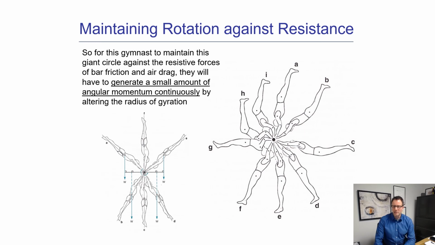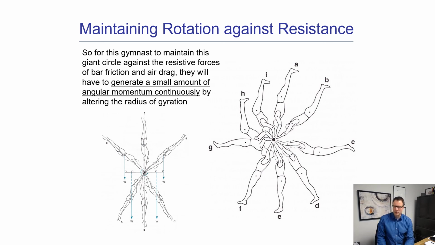And so what they actually do as an athlete when they're doing a great circle is they will slightly change the configuration of the body. So on your way down, you're slightly longer and create more torque. On your way up, you're slightly shortened with the hips flexed or the knees bent, and create less torque on your way up. And that way, you create a net torque in the clockwise direction, which overcomes the resistive forces that are acting in the opposite direction.